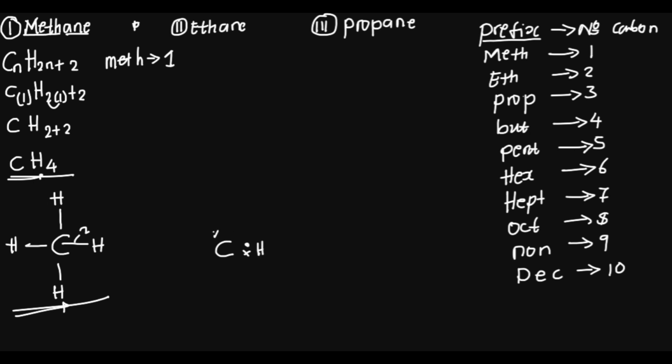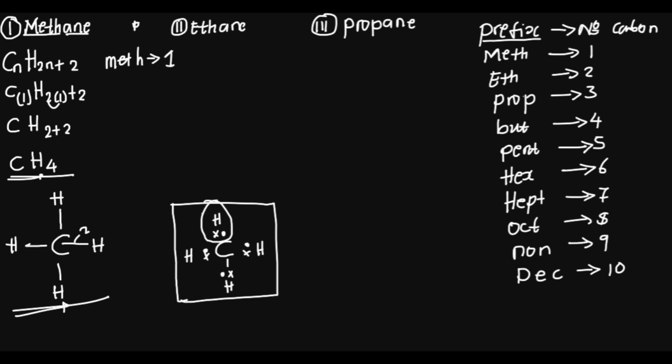Also here, one electron from carbon and one from hydrogen, just like that. So this is the picture of what is happening here. That is what you need to have in mind: each single bond contains 2 electrons. So we can see each hydrogen is satisfied, because the hydrogen atom is occupied with only 2 electrons.